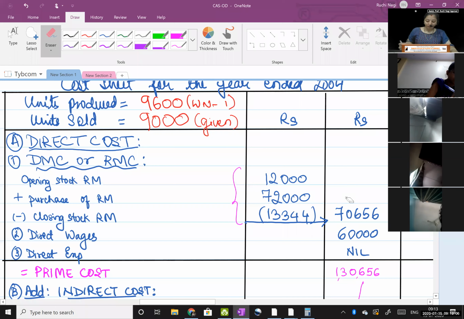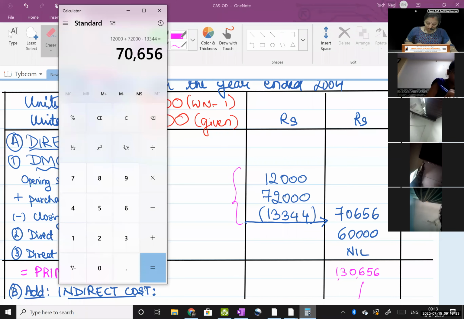Next, direct wages, 60,000. Direct expenses, not given in the question, but still you have to show the step, you can't skip it. Then total direct material plus direct wages plus direct expenses.